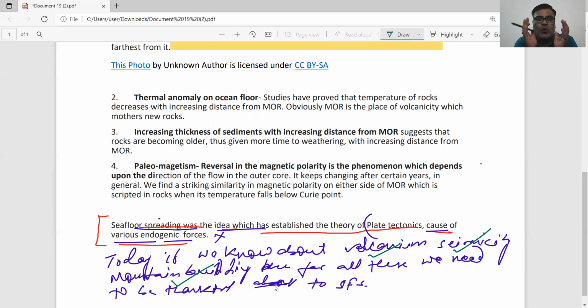It means you are making this question an opportunity to prove that you have a very good idea about the entire physical geography, meaning geomorphology. All right, and definitely this will give you an edge over the other candidates, and this is what you are supposed to do.